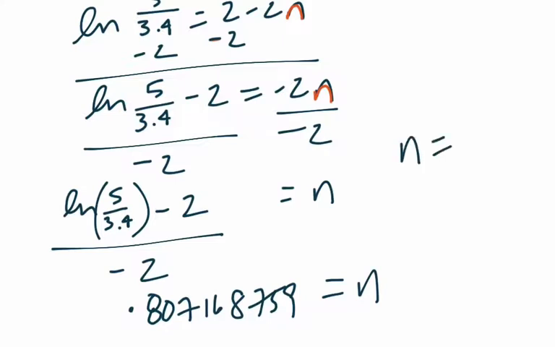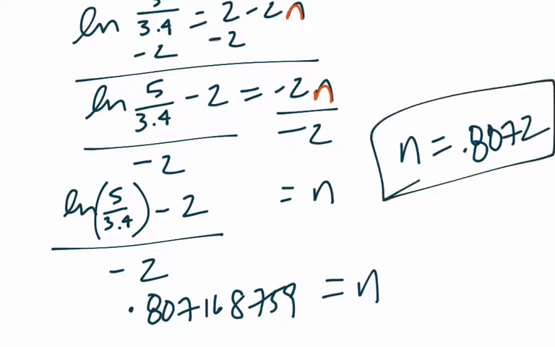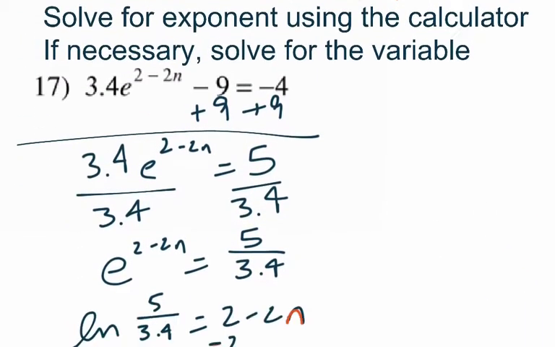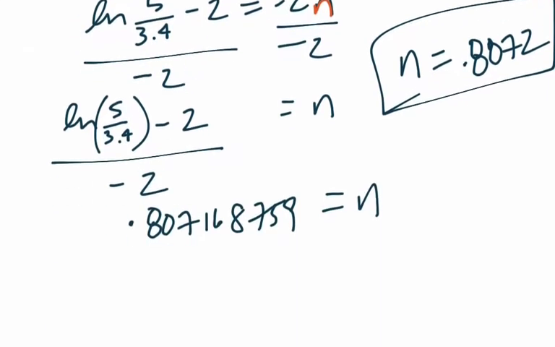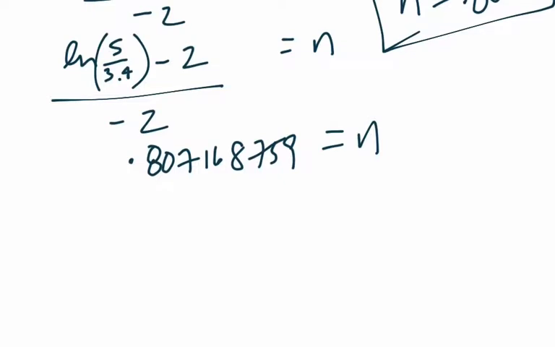And when I round this, I'm getting 0.807 in this case. So that's how you would do that question. And that was number 17. So let's move on to the next one.